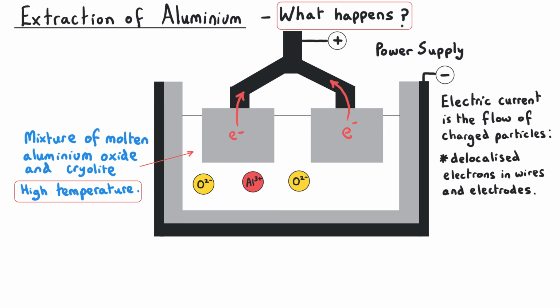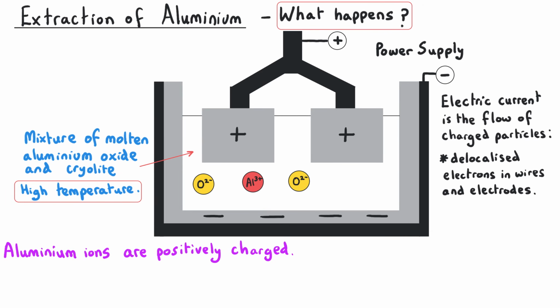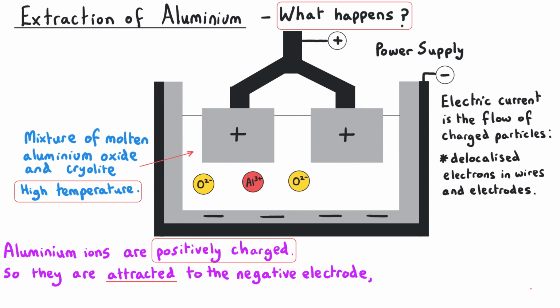And we can represent the positive and negative terminals of the power supply just by simple notation, as I'm showing here and here. But it's delocalized electrons that move through the circuitry, and they build up on this electrode, which makes it negatively charged. The aluminium ions are positively charged, and so they are attracted to and move towards the negative electrode.